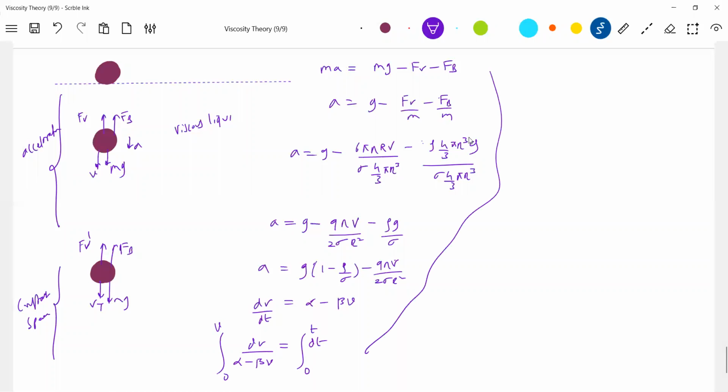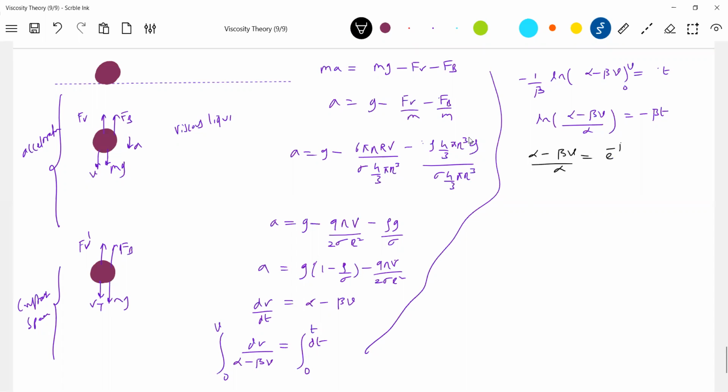Okay, now minus 1 by beta log of alpha minus beta v by alpha equals minus beta t. I'll send the log to that side, so it will become e to the power of minus beta t. So this will become 1 minus e to the power minus beta t, or v is equal to alpha by beta.